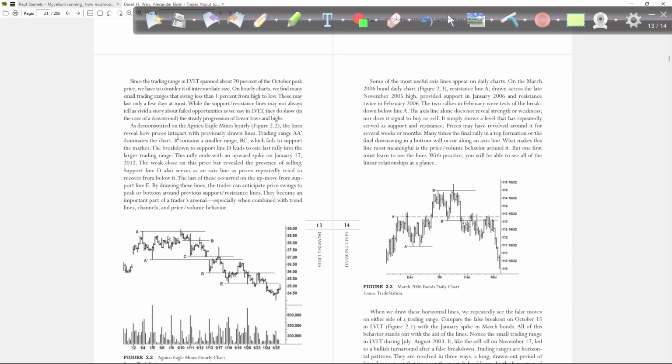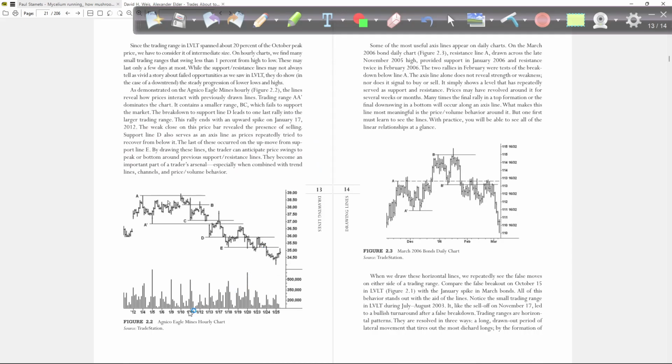As demonstrated on the Agnico Eagle Mines hourly figure 2.2, here this one, the lines reveal how prices interact with previously drawn lines. Okay? These lines reveal how prices interact with previously drawn lines.